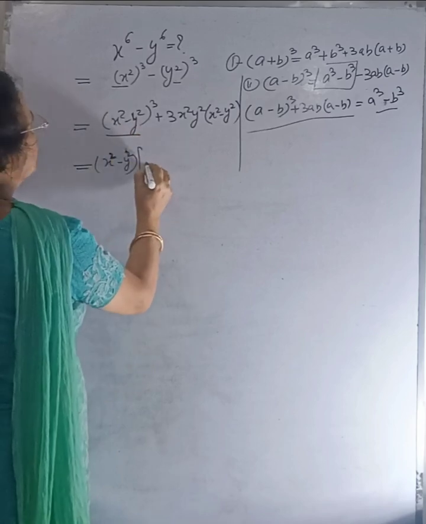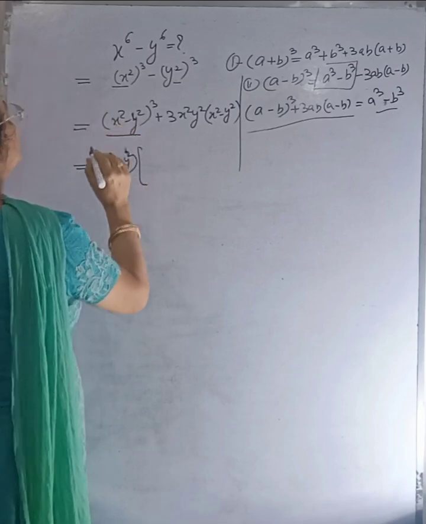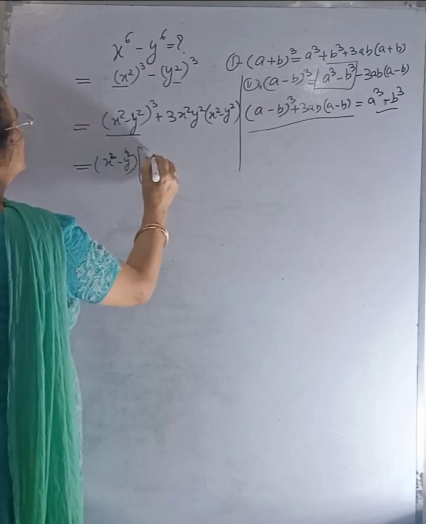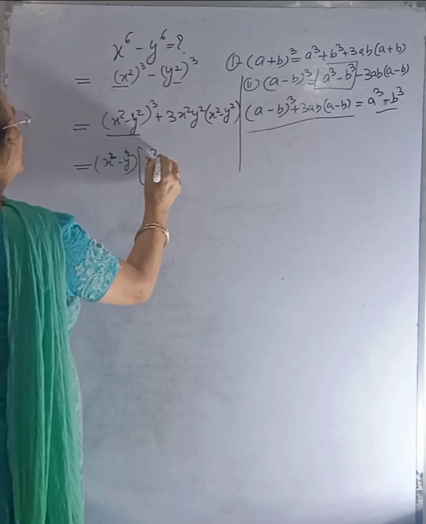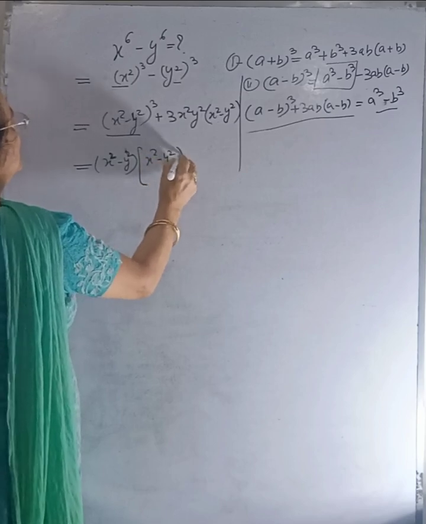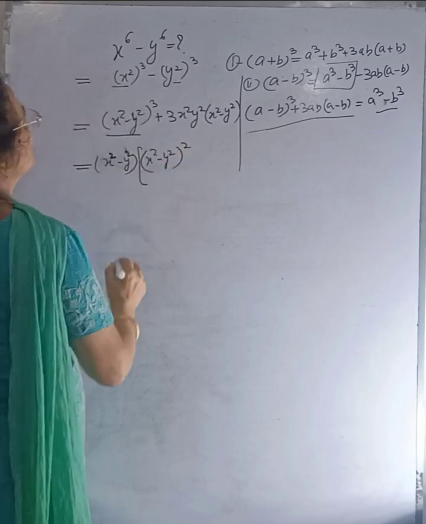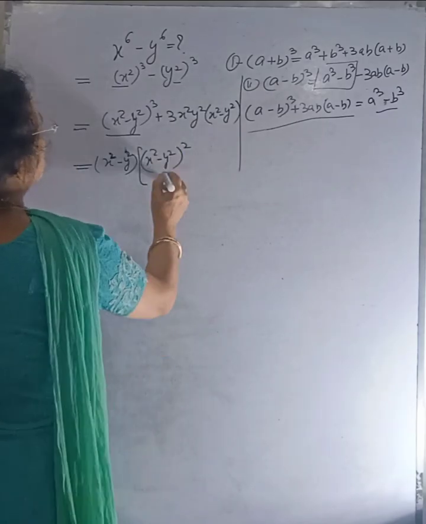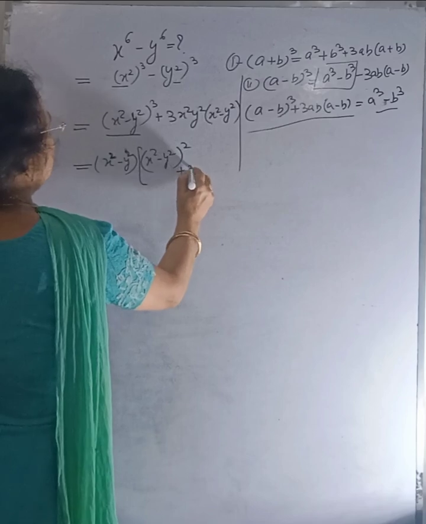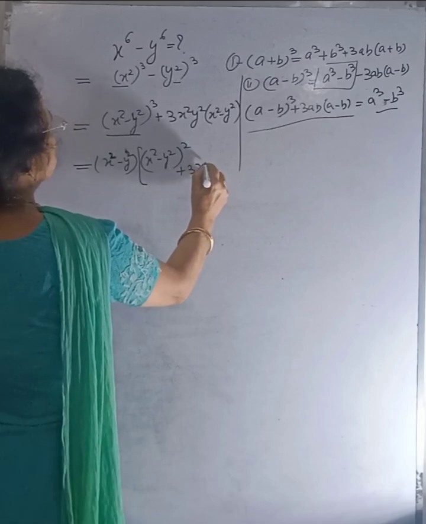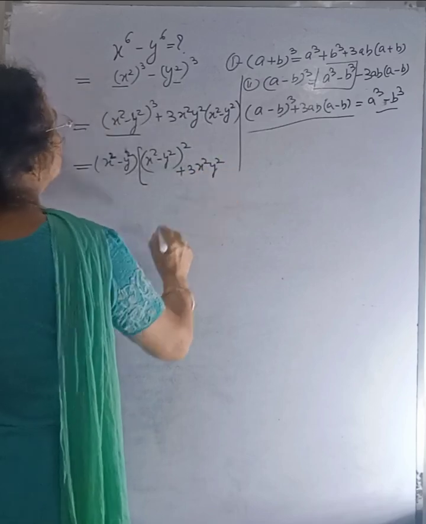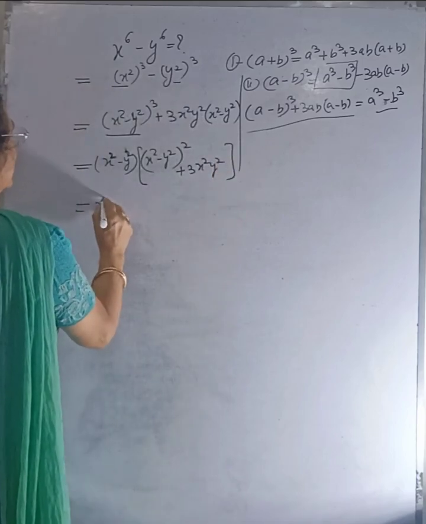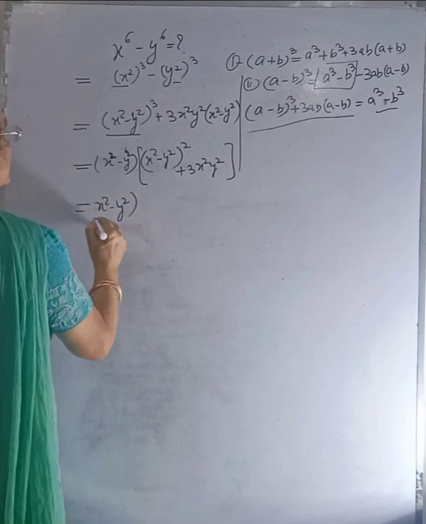Then we'll get here the square of this, x square minus y square whole square, plus 3 times x square y square. This is x square minus y square.